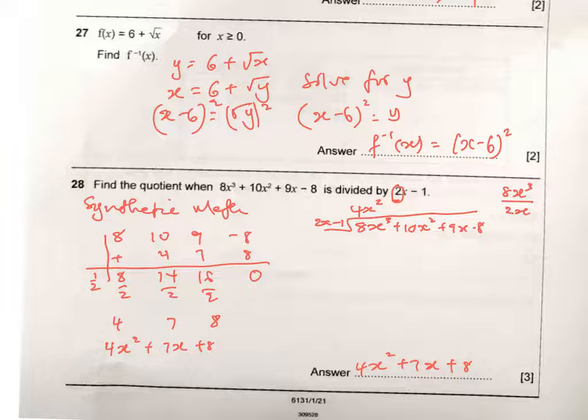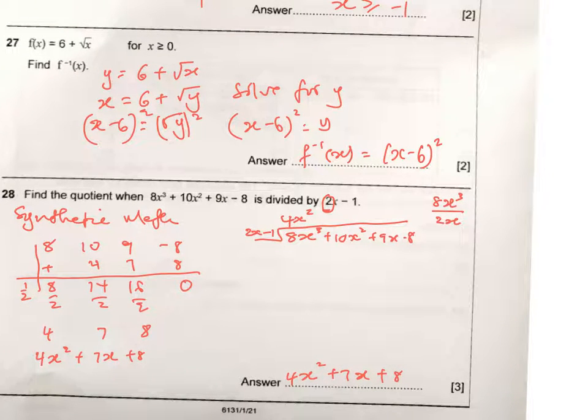Then you multiply 4x squared with 2x minus 1. If you multiply out, you get 8x cubed, and 4x squared times negative 1 gives you negative 4x squared.